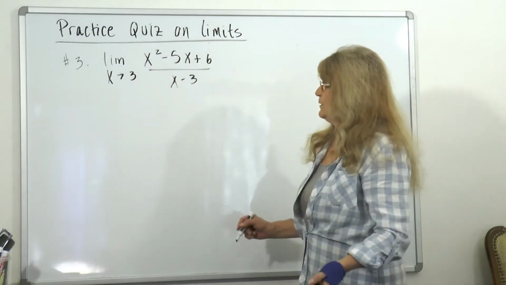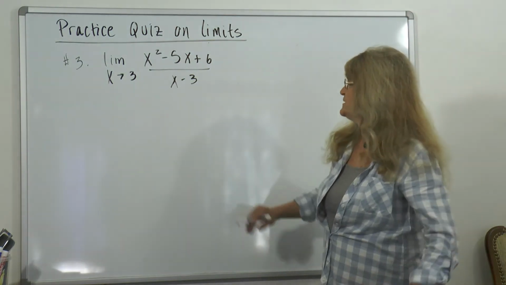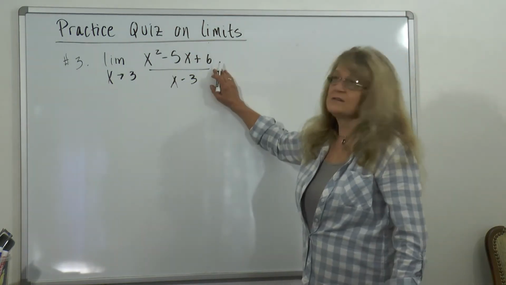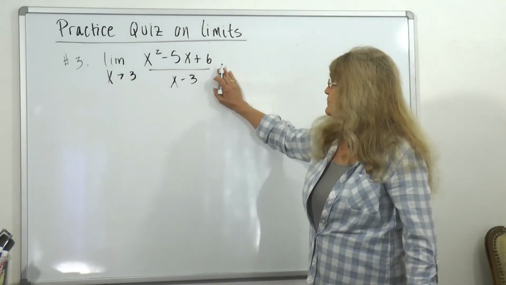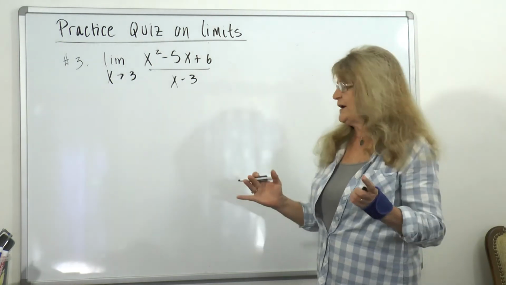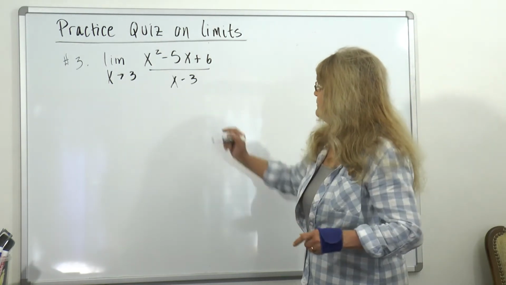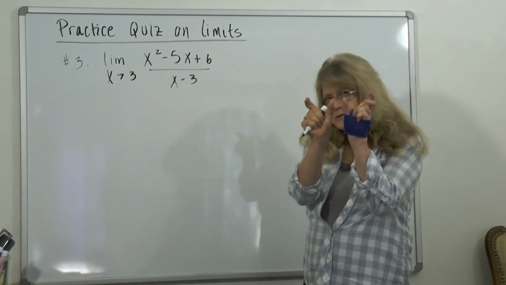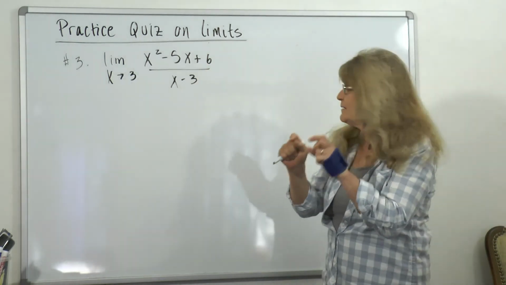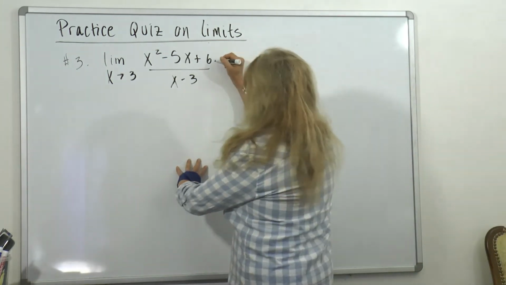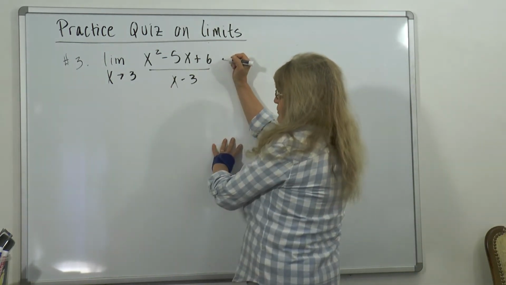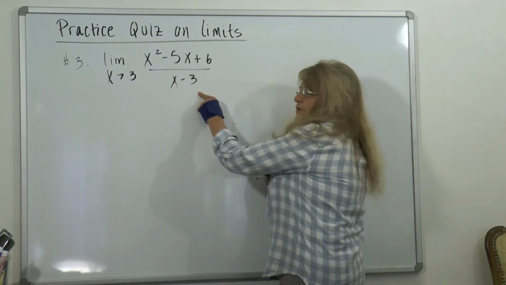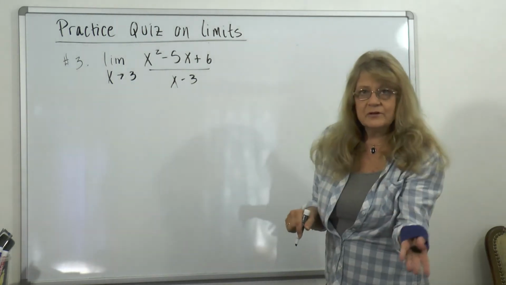I don't know. I guess people just kind of jump and say, okay, it's going to be 6 and 1. But it's not, because 6 and 1, whether you're adding or subtracting, well, this is positive, so I know that the middle sign of both of the binomials, once I factor it, are going to have to be the same. So this is actually going to be negative 2 and negative 3. Again, let this be your launch pad. I always make them so they work.